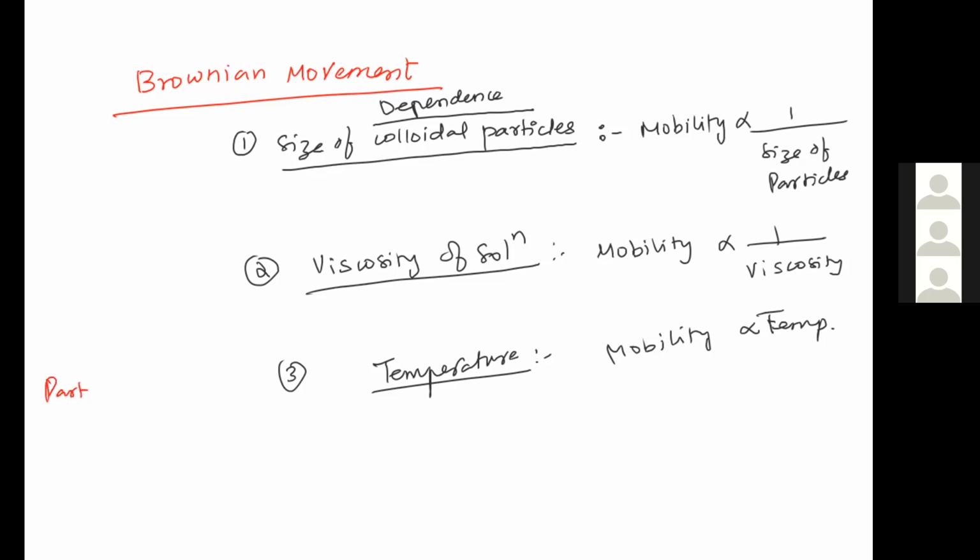If particles are large, Brownian movement is less. If temperature is more, Brownian movement is more. Brownian movement does not change with time.